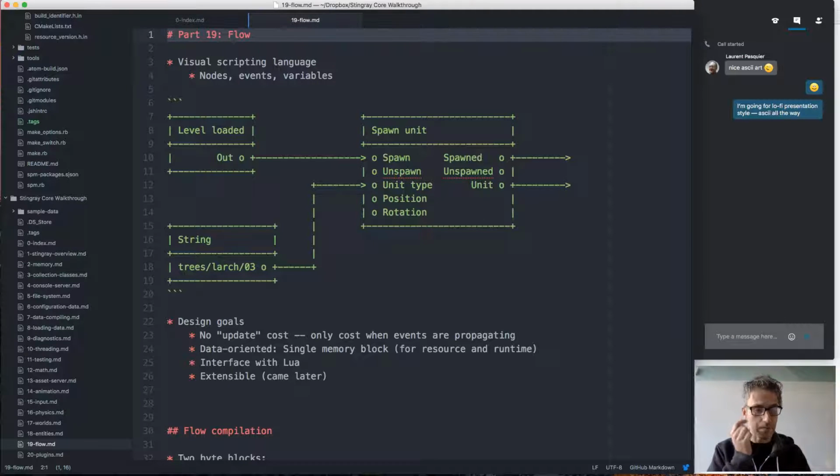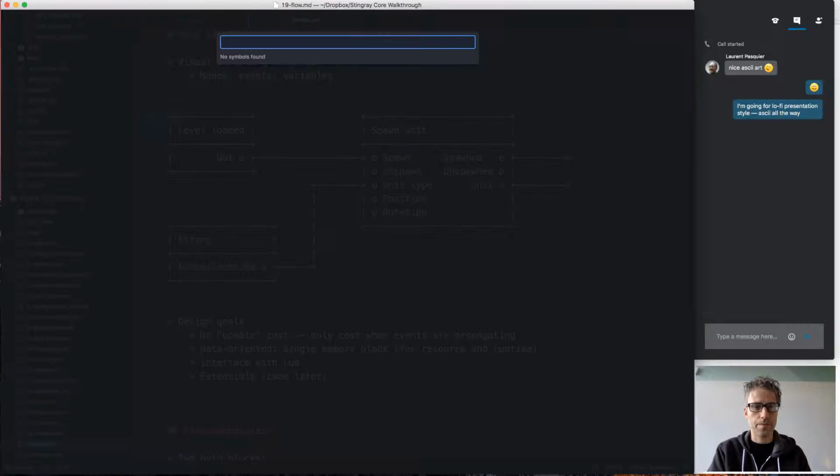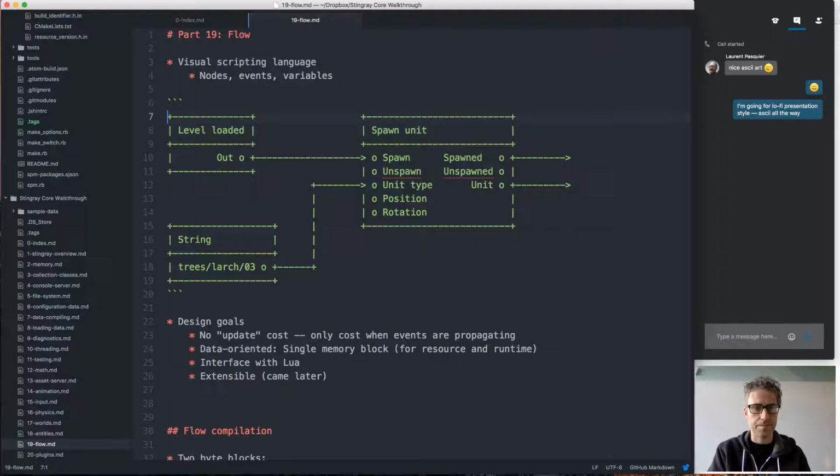So in this node graph, you create boxes that represent specific actions, and then you connect events and arguments in these boxes together. I've illustrated this with a small graph here.